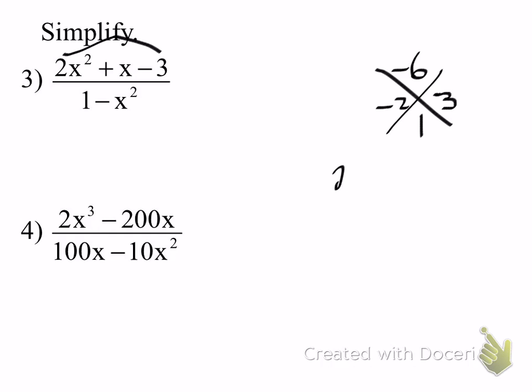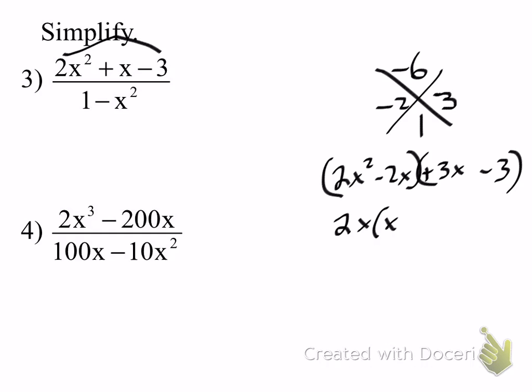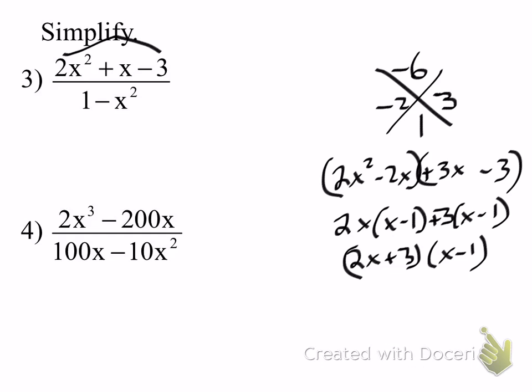And so remember, we're using the first one, 2x squared. We use the last one, negative 3. I do negative 2x plus 3x. I'm doing a quick review. Factor out the 2x, and I'm left with x minus 1. Factor out a 3, I'm left with x minus 1. 2x plus 3 times x minus 1. Are you guys remembering how to do this? Yes? So remember, do that stuff off to the side. Okay?